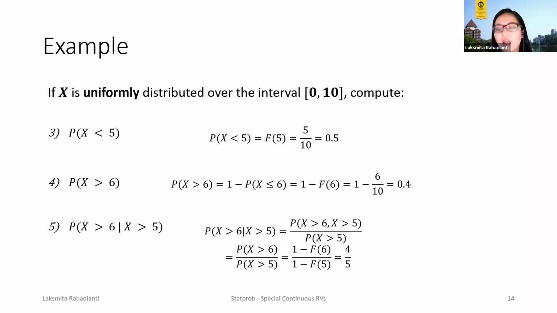Number 3 and number 4, I'll let you do on your own. But here, don't forget, we have our friend here. Please do not forget the conditional probability formula, P of E given F. If we have the probability of X being larger than 6 given X is larger than 5, we can also model it using this equation in our corner here. As you can see, here is the joint probability of them, and the bottom one is their conditioning event.